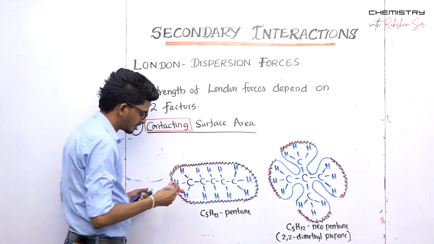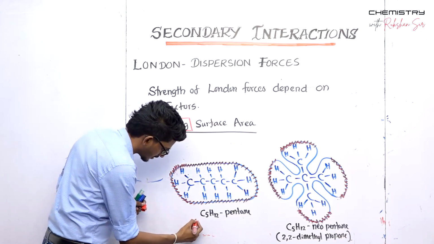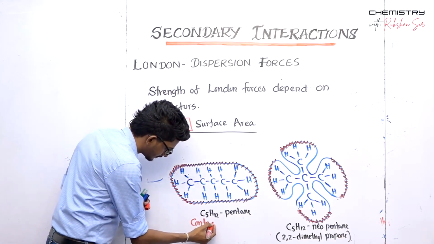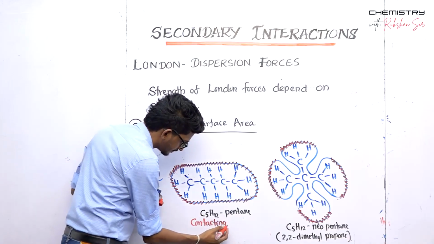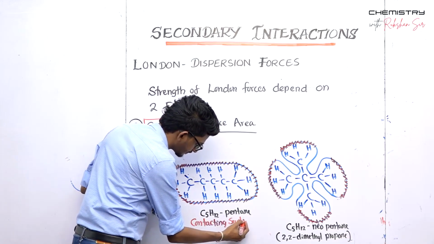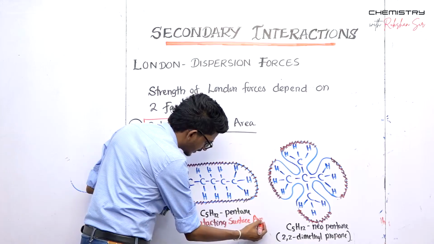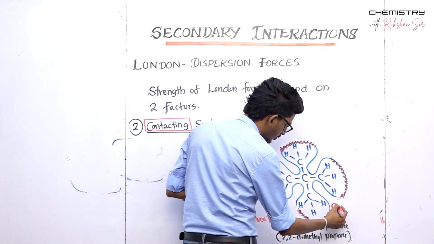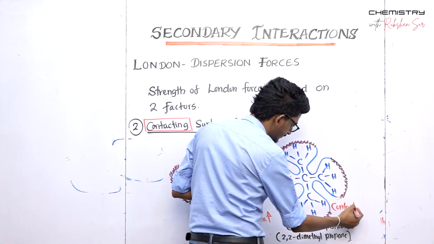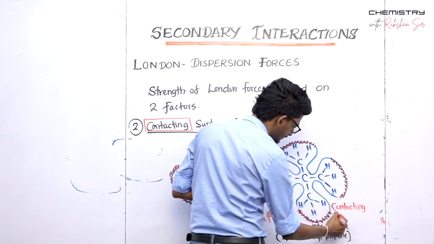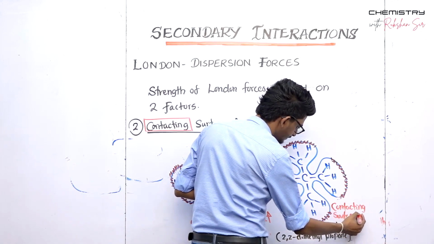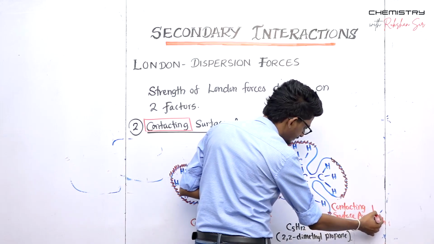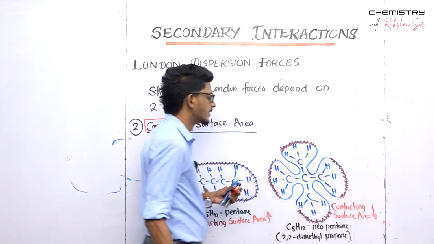So the conducting surface area is high with this one. Conducting surface area is high here, but the conducting surface area is low here. Right?